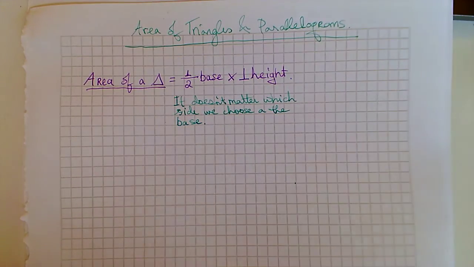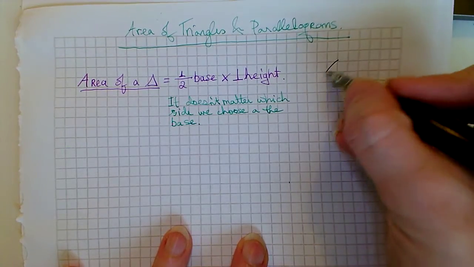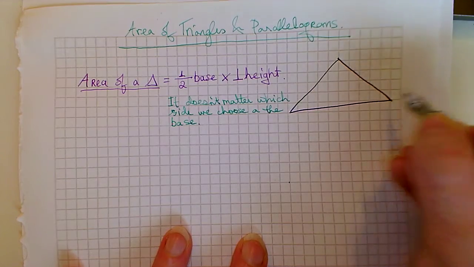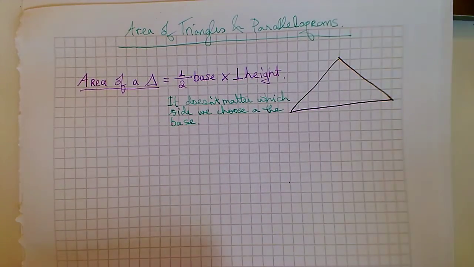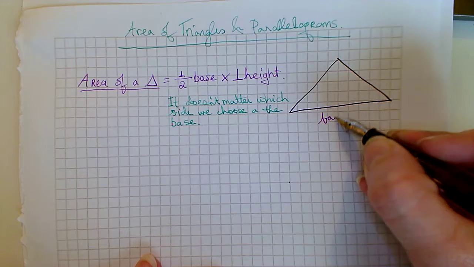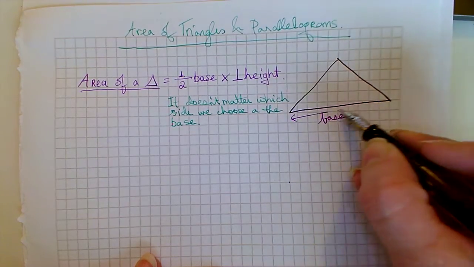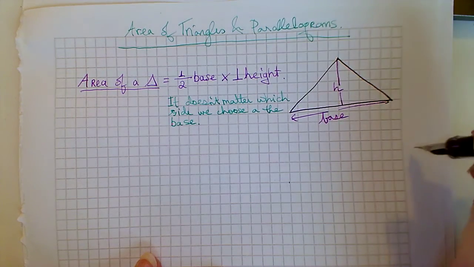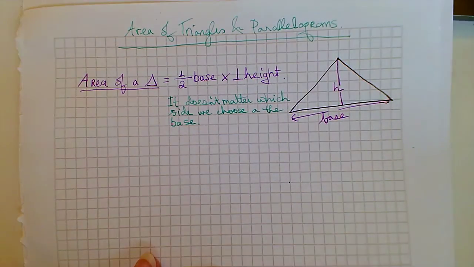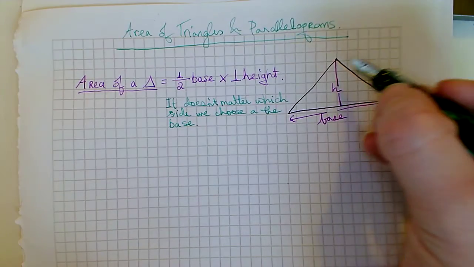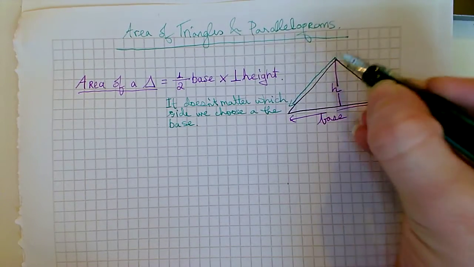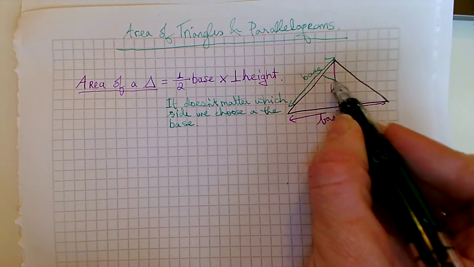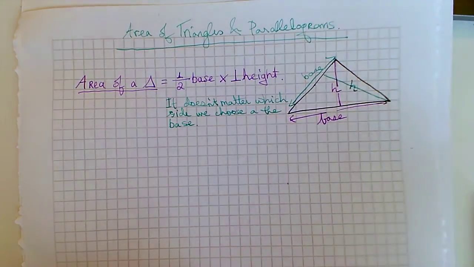So if I put in a diagram like this, if I have a triangle, I'm not going to use my ruler, just quickly sketch out a triangle like this. The area can be found using this base and this height, or I could use this base and this height, and I'll get the same answer.